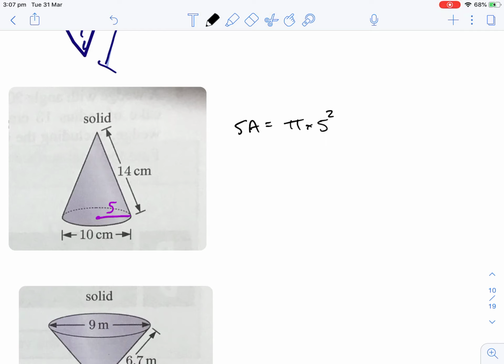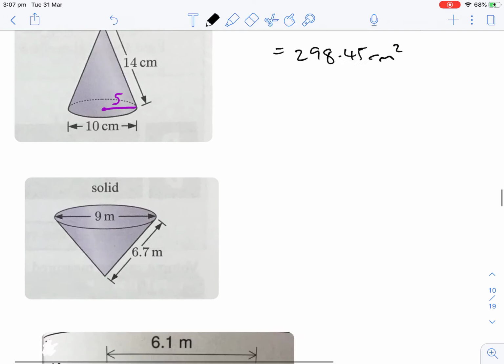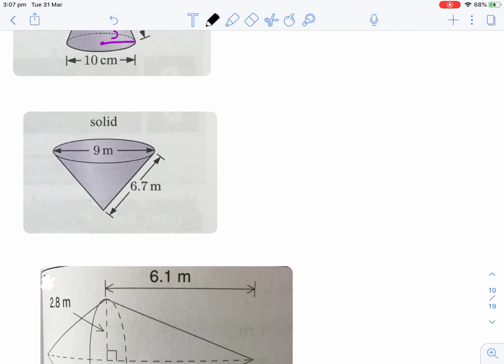That's your circle on the bottom, plus pi times your radius, which is 5, times your s, which is your slant, which is 14. So my formula, I should have written it and then showed the substitution. So pi times r squared plus pi times my radius times my slant. And I've substituted all those numbers in, and what you would have got there is 298.45 centimetres squared.